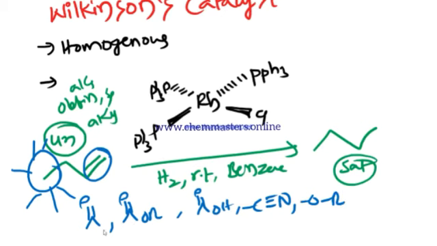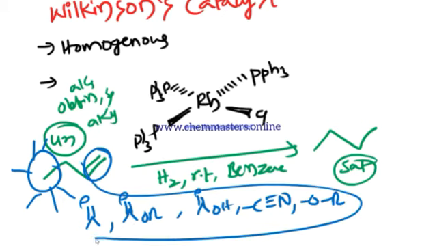Whenever these functional groups are present along with unsaturation on a particular substrate, Wilkinson's catalyst only affects the unsaturation part of the substrate. That means it hydrogenates only the unsaturation and doesn't affect any other functional group. That's why Wilkinson's catalyst has great importance and applications nowadays.